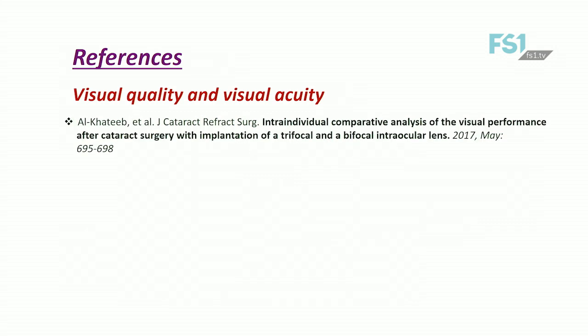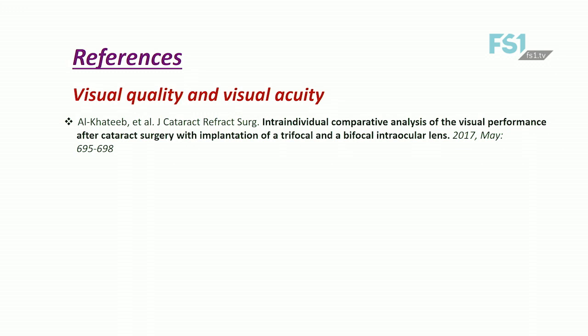Another work which also describes the results about visual quality and visual acuity is the work from Al-Khatib et al., also published in the same journal, in May 2017, with an intra-individual comparative analysis of the visual performance after cataract surgery with implantation of a trifocal and a bifocal intraocular lens.